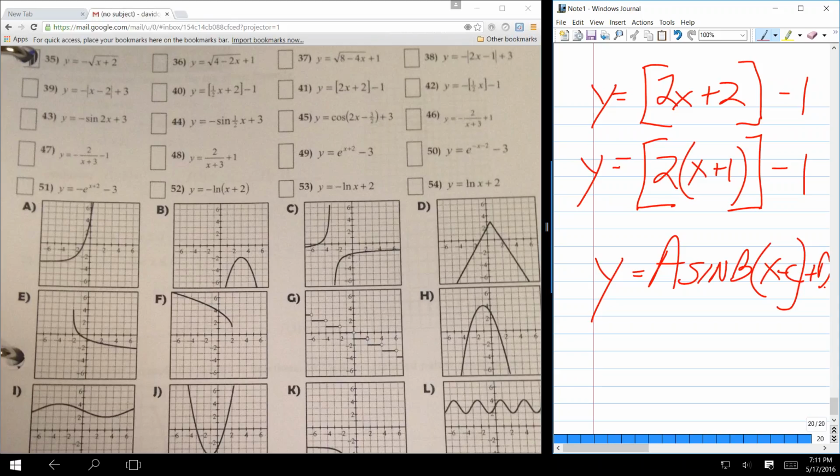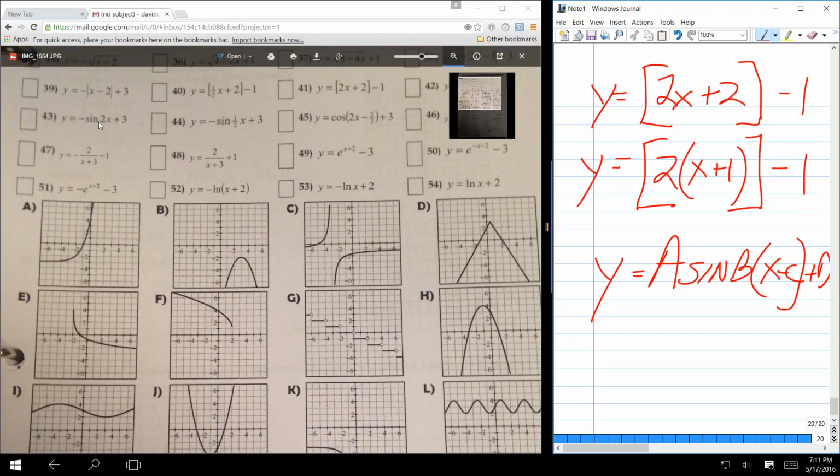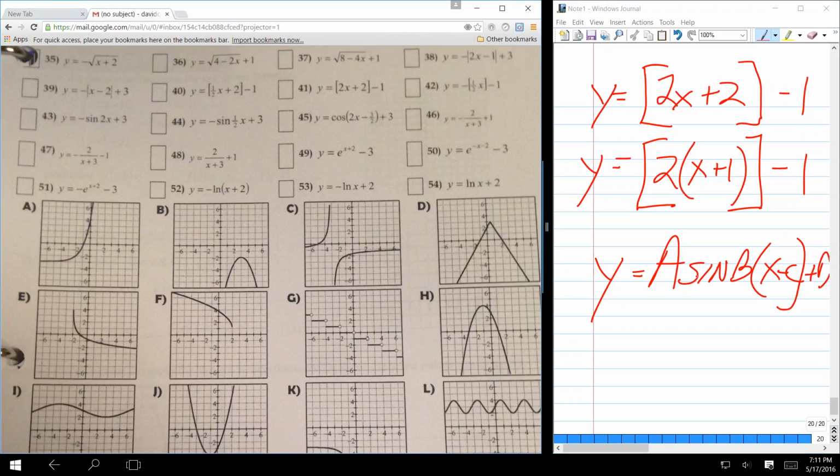In other words, you need a number in front of the sine for it to be an amplitude change. B is, in this case, the 2. And the +3 is the D. So we know the whole sine curve has been moved up 3. Well, which one are we looking at that looks like that might be the case?